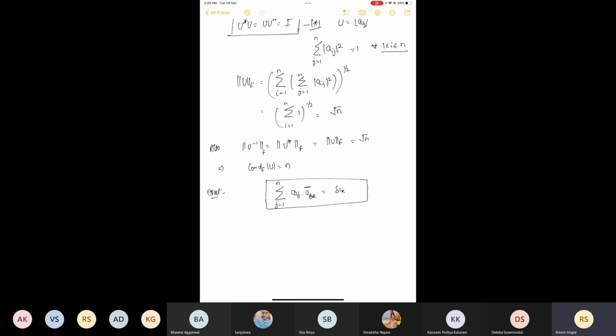This specifically holds for a unitary matrix. If this condition is satisfied, then you can say we have a unitary matrix. And delta ik is 1 when i equals k, and 0 otherwise. The Kronecker delta.